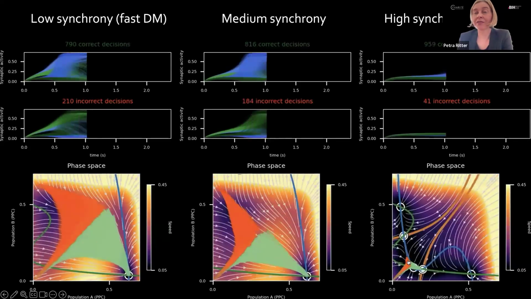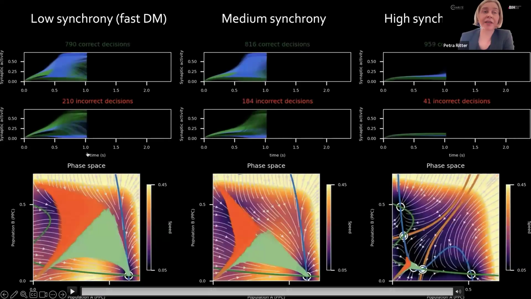Okay, now if we continue our simulation, we see that after 1 second all the decisions have been made already, and quite a high number of incorrect decisions after a very short time. In the medium synchronicity, we now see that also decisions have been made.